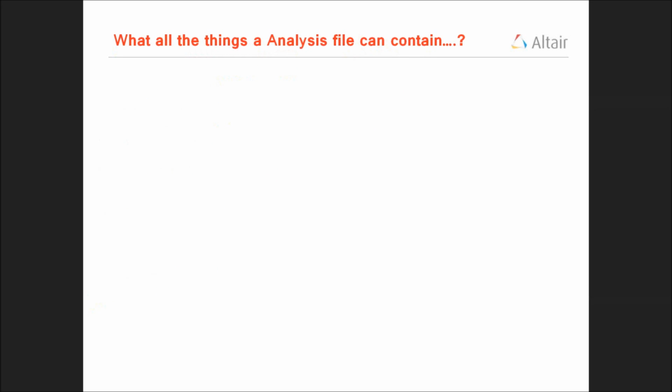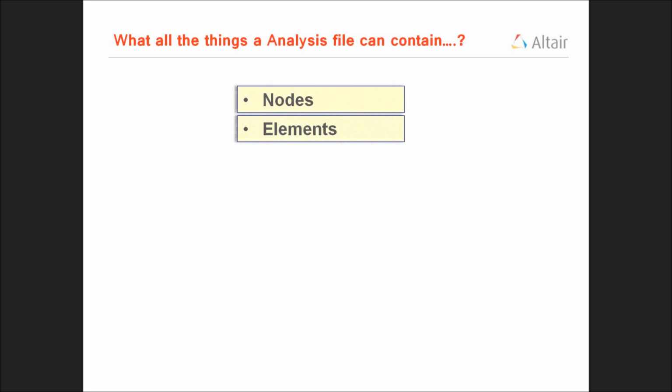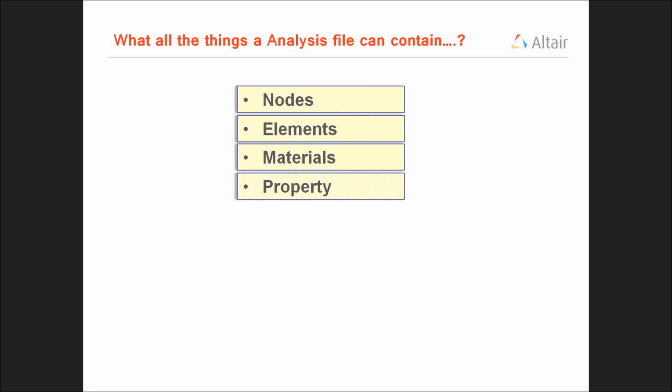When we call it an analysis file, a file which is runnable, what all can it contain, or what all should it contain? This is very important for us. Yes, definitely it will contain nodes and elements, and the model I have right now contains only nodes and elements. But apart from that, it will require material and property.